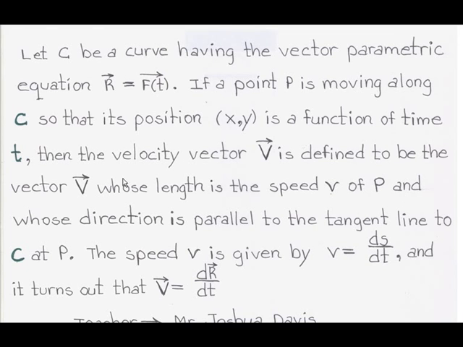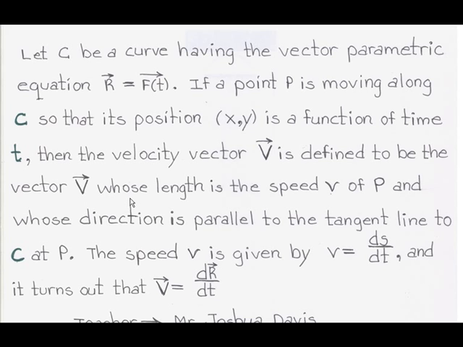So let me read that one more time. If a point P is moving along C so that its position xy is a function of time t, so that point is a function of time t, then the velocity vector is defined to be the vector v whose length is the speed of P. So this is the magnitude.